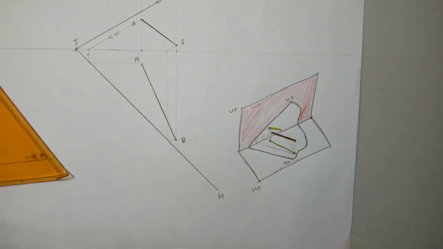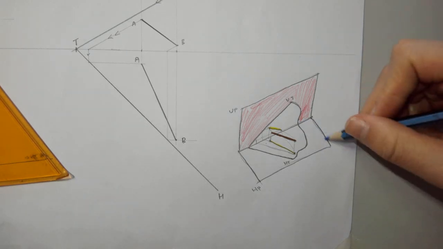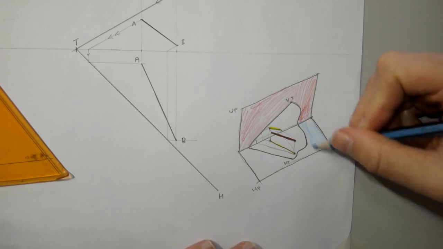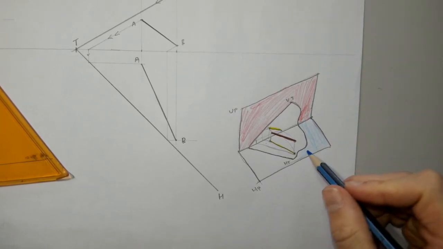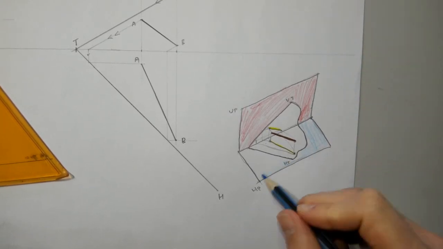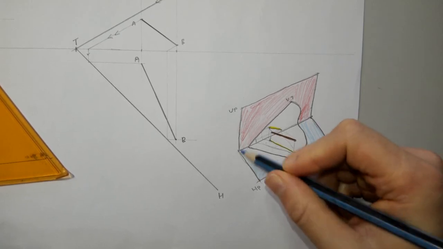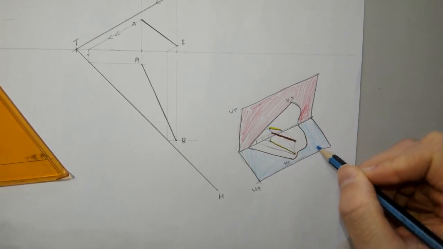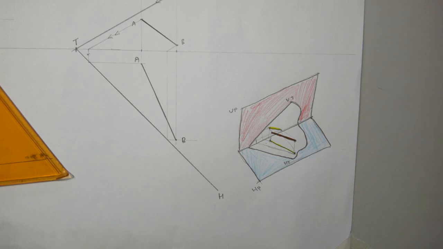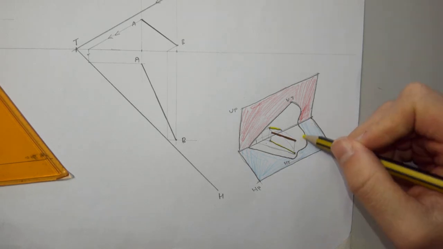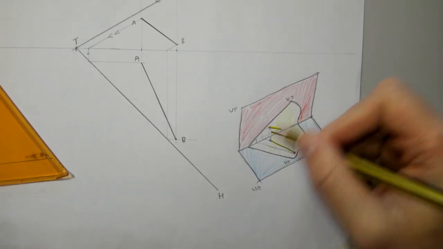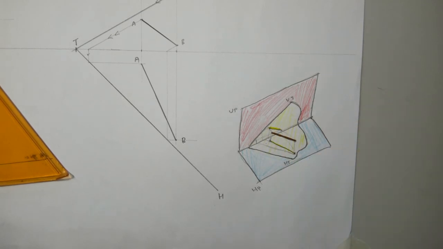There's our vertical plane, our horizontal plane now, and then the actual plane itself. The plane just a yellow colour there. And that's it represented in 3D, what you're actually seeing.